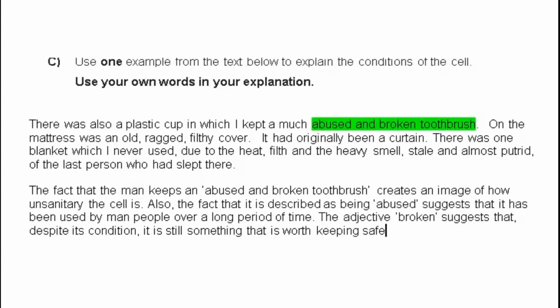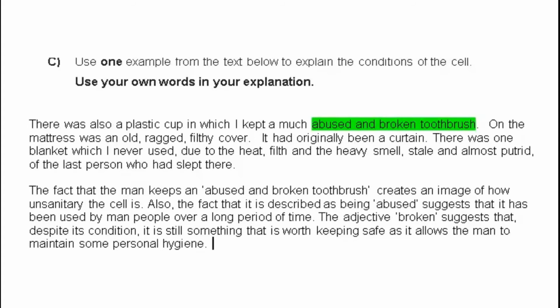And let's just develop this a little bit more. So it is still something that is worth keeping safe, I guess, as it allows the man to, let's put, maintain some personal hygiene.